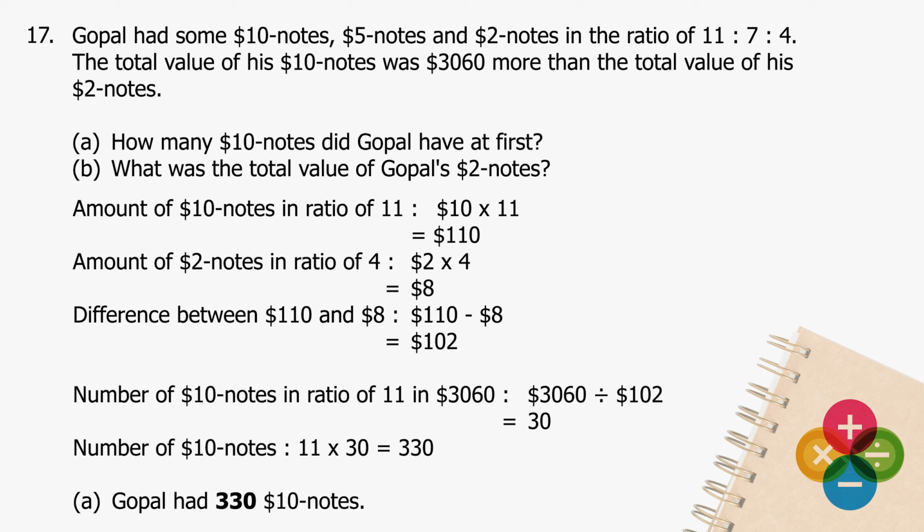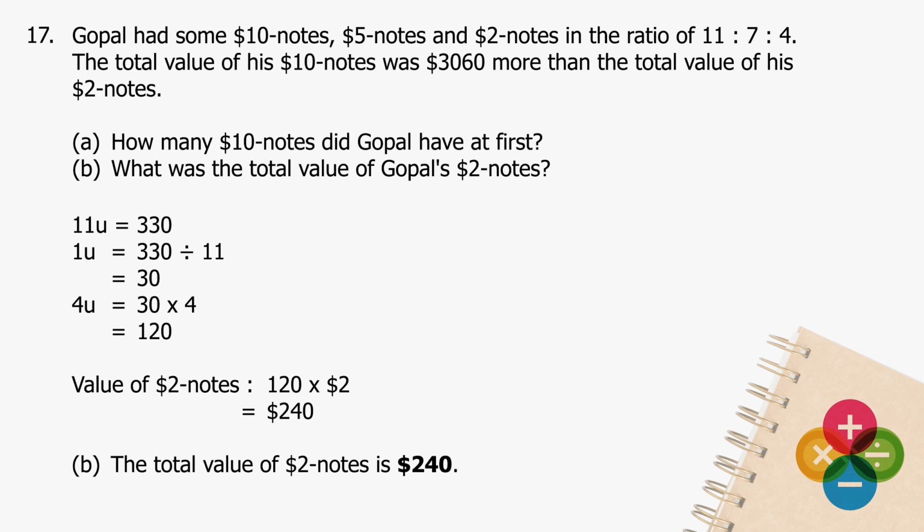The number of $10 notes, in ratio of 11, in $3,060 will be divide $3,060 by $102, and the quotient is 30. The number of $10 notes will be multiply 11 by 30, and the product is 330. A. Gopal had 330 $10 notes.